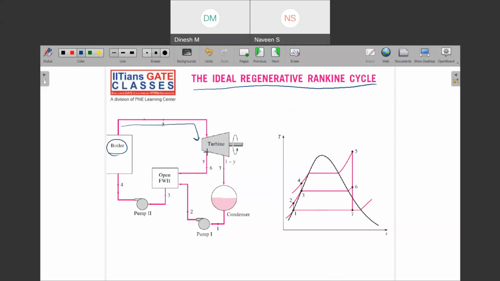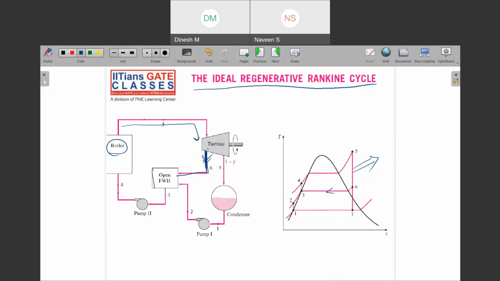Then we will allow a part of the mass to get expanded, and I will take some of that expanded mass. Please take care that what I am telling you is the expanded mass. You will take some of the expanded mass here, and you will take it into whom?